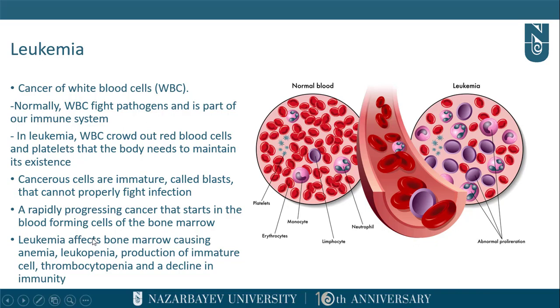So we have bone marrow. This is a spongy tissue in our bone. We have the formation of blood cells, hematopoiesis, be it platelets, white blood cells, or red blood cells.